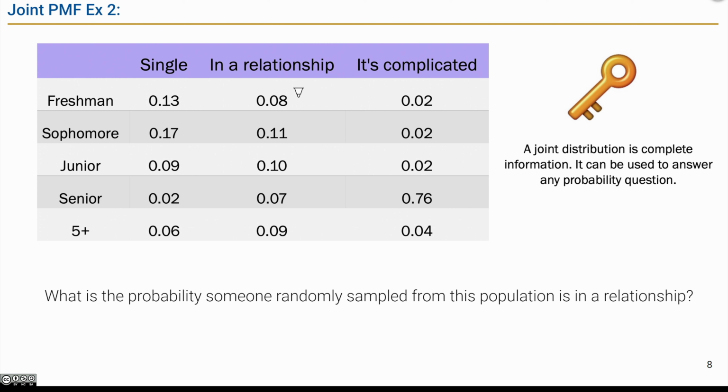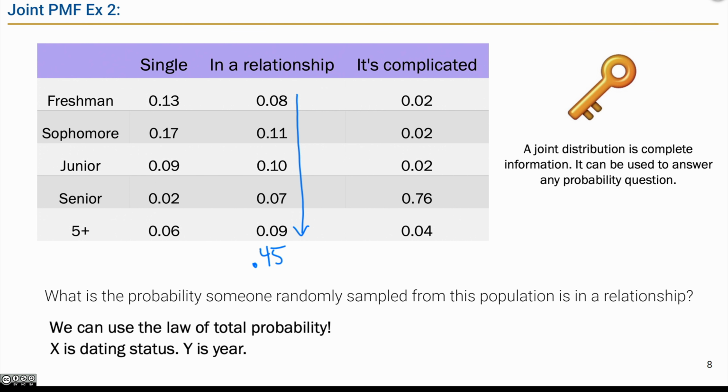All right, well, if you notice, that means I want to take into account basically every probability in this column. I'm going to sum them up. It's going to give me a 45% chance. And if you're thinking, wait, we've done this before, you're correct. This is really just using the law of total probability. We can do this again. I could ask you the probability a randomly selected student is a senior.